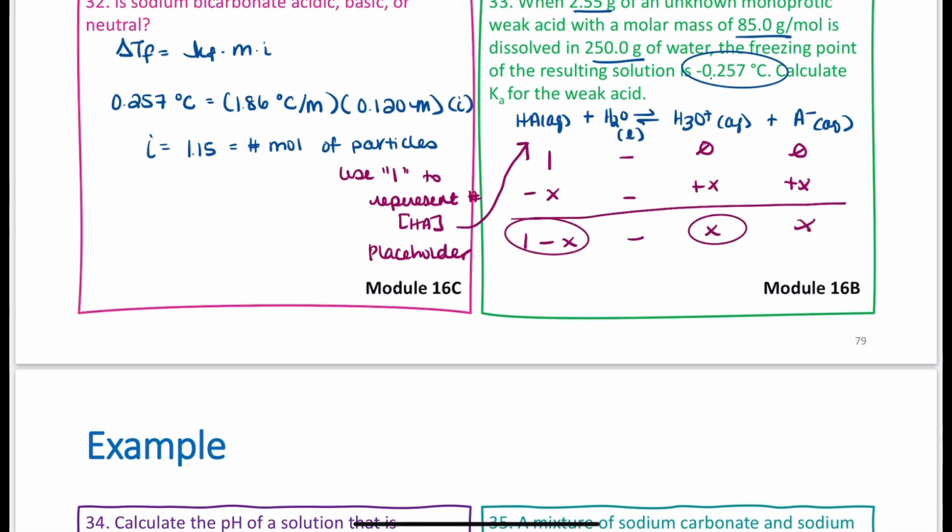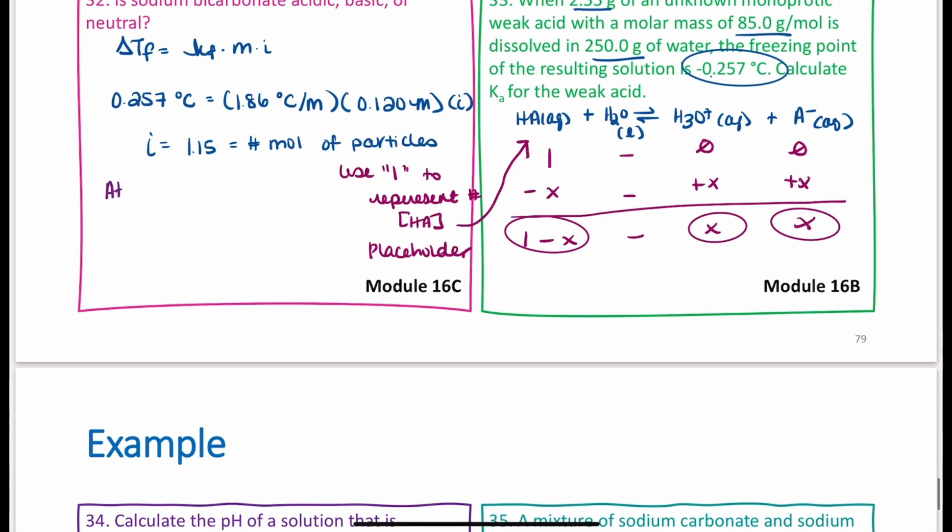At equilibrium, I would have 1 minus x plus x plus x as the number of particles in solution. The number of moles here is related to the concentration. It's all in one system, so I can compare moles and molarity here. But this is equal to 1.15 because this represents the number of particles that I had in solution.